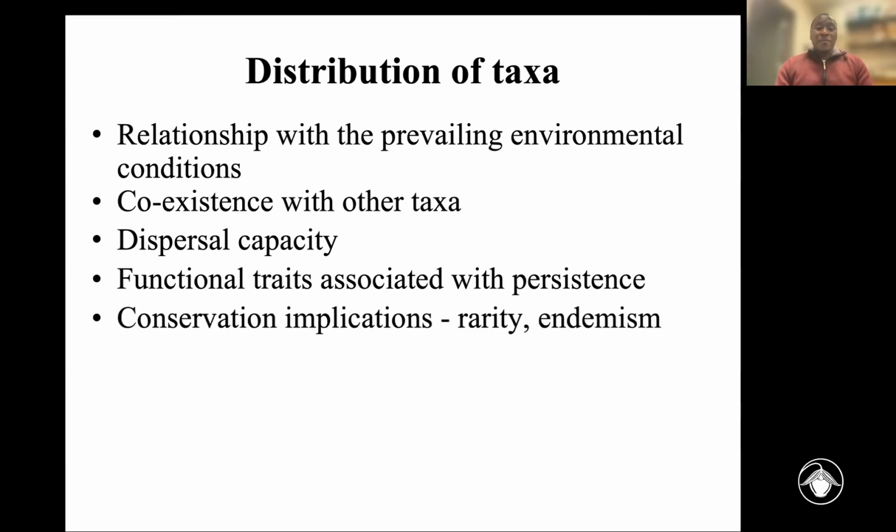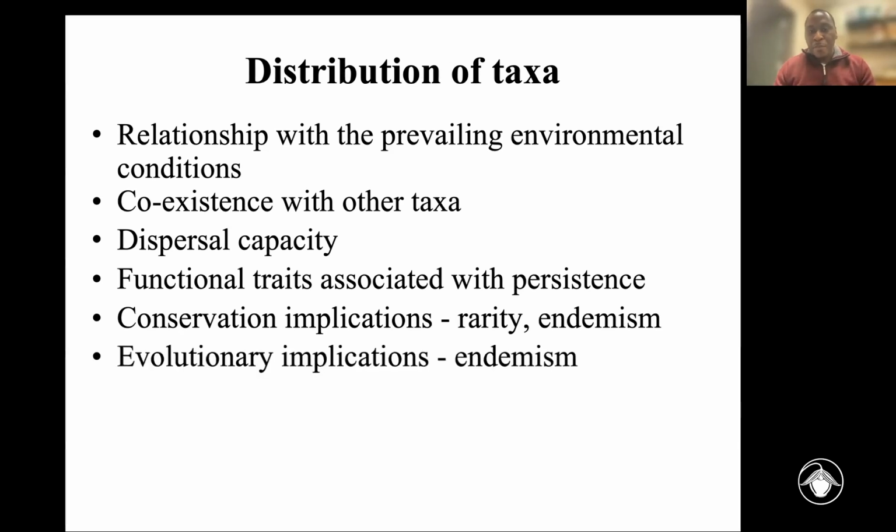And the distribution of taxa has a lot of conservation implications, as we all know, that there's a lot of prioritization for rarity or endemic plants, which could be relative endemism or absolute endemism, as Brent has described earlier. And this also could have evolutionary implications, especially when we talk about endemic taxa.